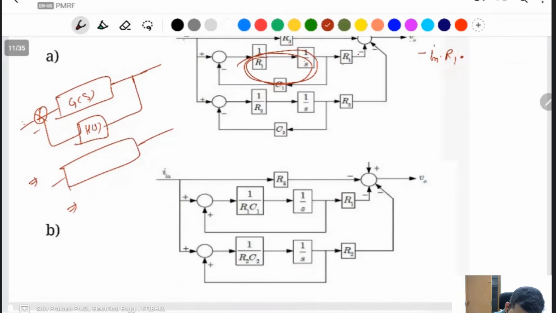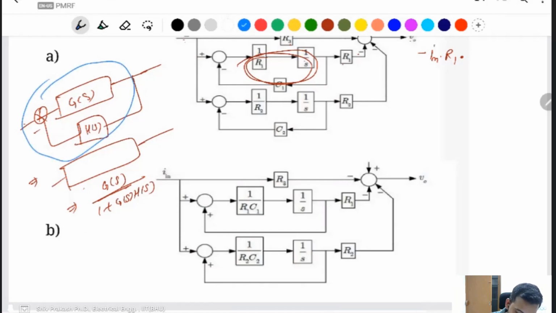From block reduction, you can see that this is GS divided by 1 plus GS HS. From the block reduction technique, if you want to combine this with a feedback system, you find GS divided by 1 plus GS HS for negative feedback.